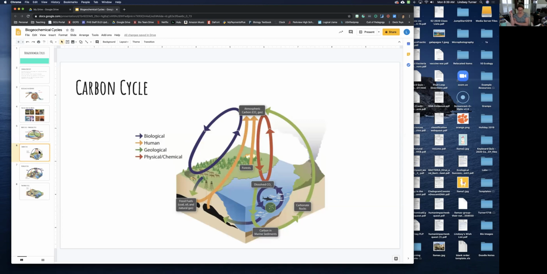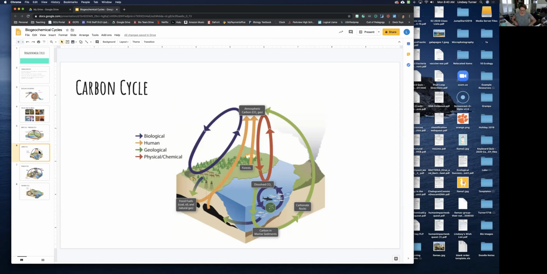And so carbon is very abundant in our biosphere. It comes in the forms of carbon gas, so carbon dioxide, C6H12O6, so glucose, which would be a solid. And because we know that all organic molecules contain carbon, our lipids, carbohydrates, proteins, and nucleic acids are all a part of this as well.